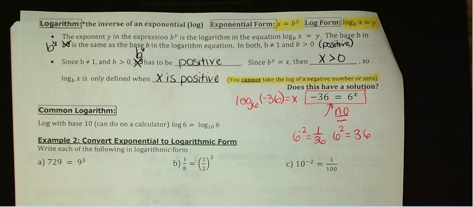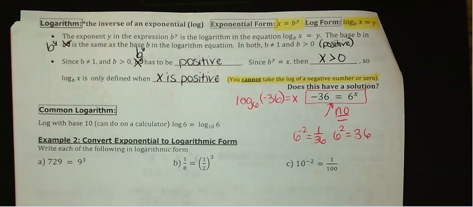So if you end up with any problem like this, where you're taking a log of a negative number, no matter what the base is, there's no solution. You cannot take a log of a negative number, just like we can't take the square root of a negative number and get a real solution. This is not going to involve i's or anything like that, but you cannot take the log of a negative number. That is the main thing to remember today.